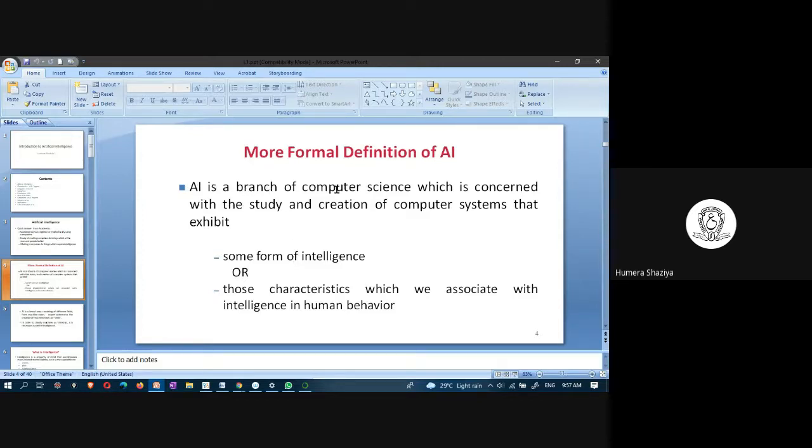AI is a branch of computer science, and it is concerned with study and creation of computer systems, which are known as AI systems. And how are those AI systems different from other computer systems? Well, they show some form of intelligence.